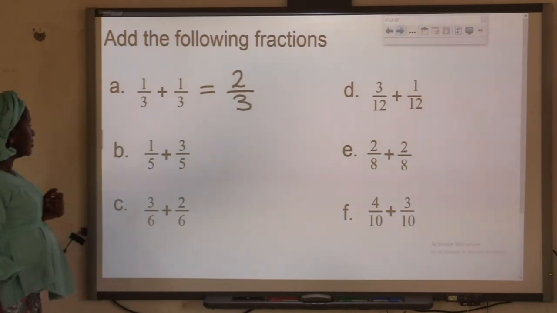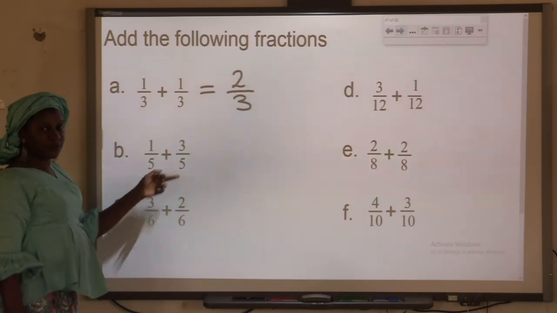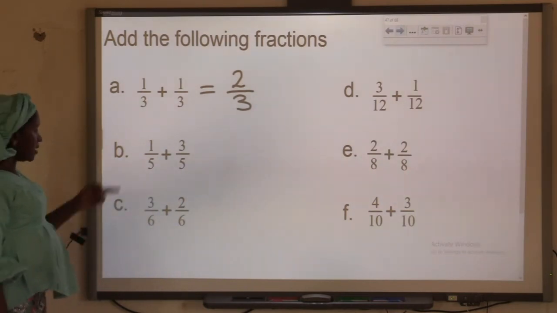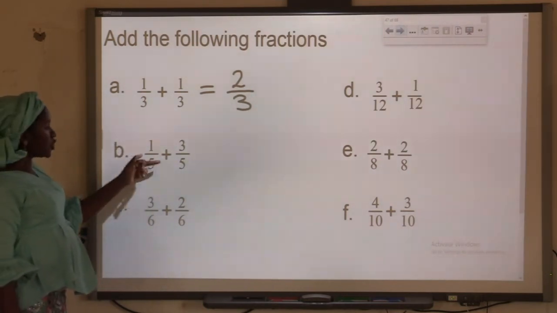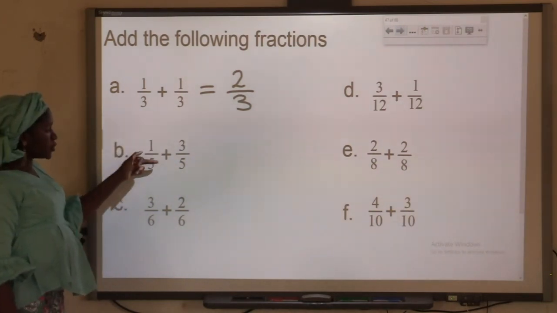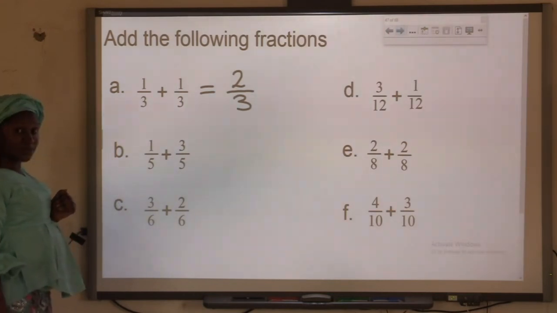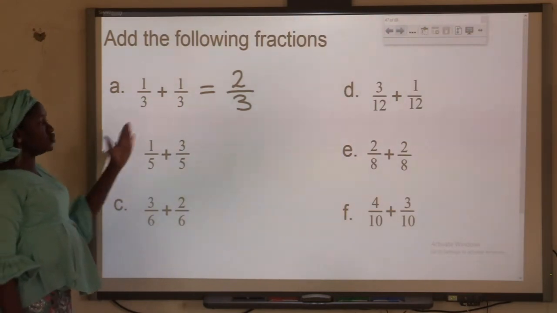3. Question B, 1/5 plus 3/5. Again, the same denominator, we are to add the numerators.